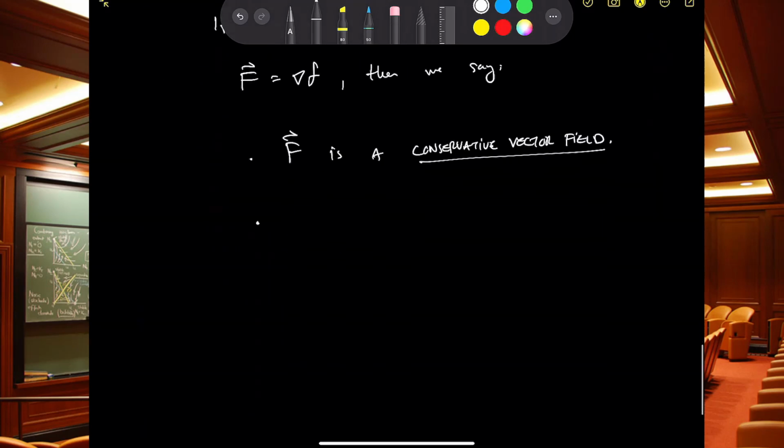And we also say that little f is called the potential function.